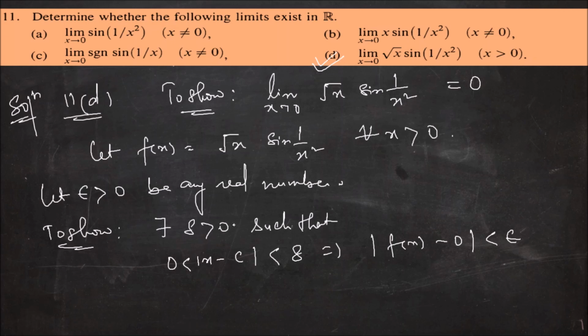So for this, we will start with |f(x) - 0| and try to get some condition on |x - c|, then we will be able to find this delta.